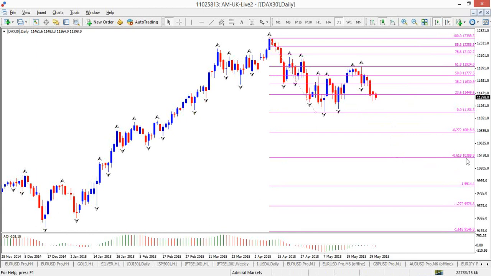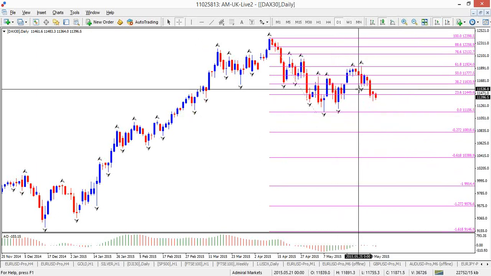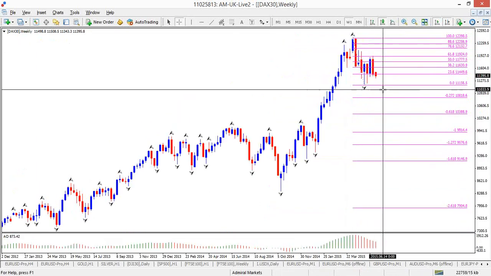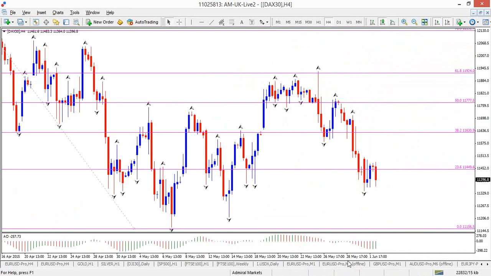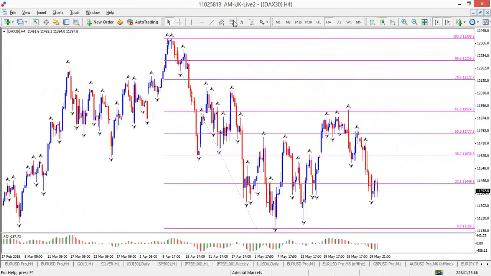The 10,400. So from that point of view, obviously we still have a bottom here in play, but we had a very strong weekly bearish candle. So to me, it looks more bearish. And this trend line, perhaps break of that, could see follow through.